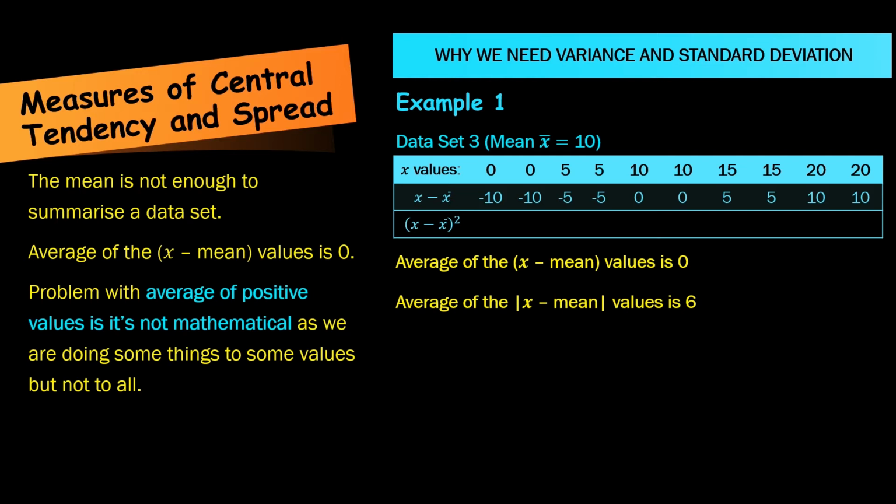There's a clue on the screen, so you might be able to pick that up. Of course, what we do is we square. So if we have x minus the mean, we square it. So all the negative values become positive, the zeros will stay as they are, and all the positives will also remain positive.